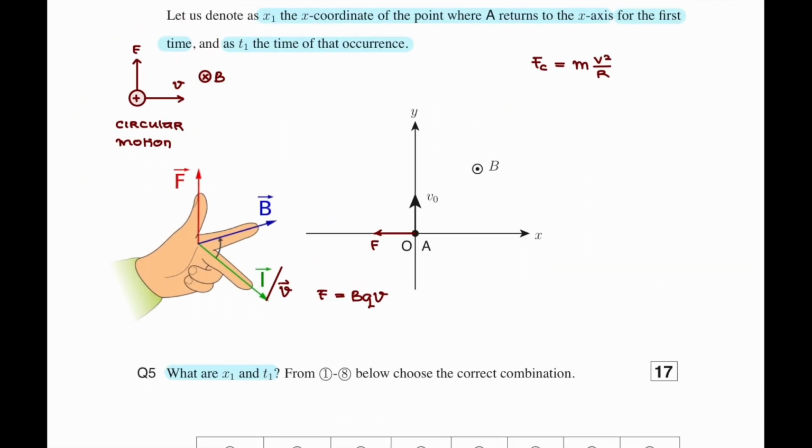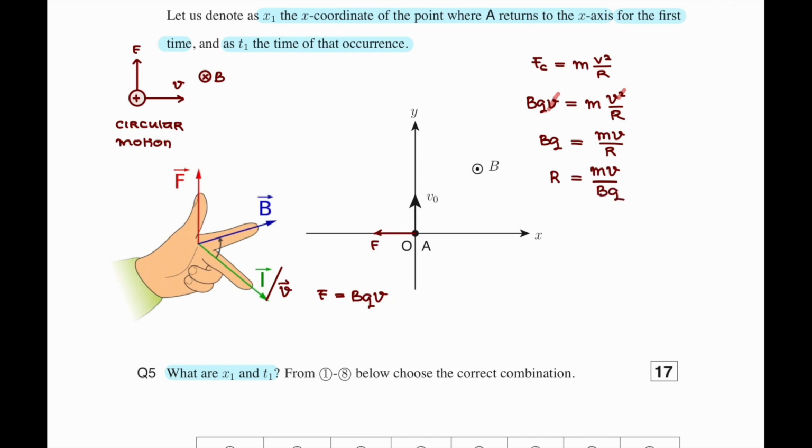So by substituting Fc with F, and F equals BQV, I can say that BQV is equal to mv squared over r. We can cancel out the v here, and I get BQ equals mv over r. That means r equals mv over BQ.